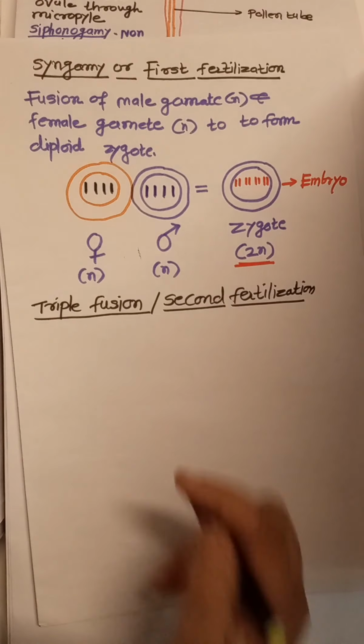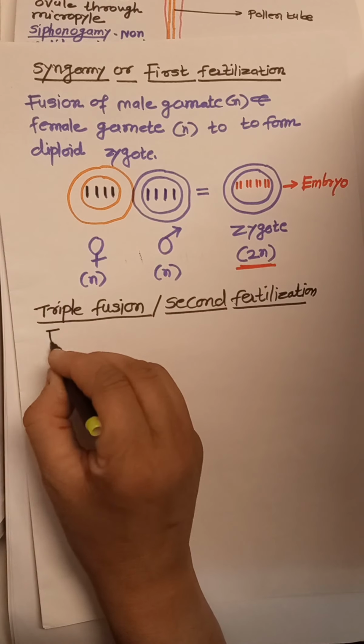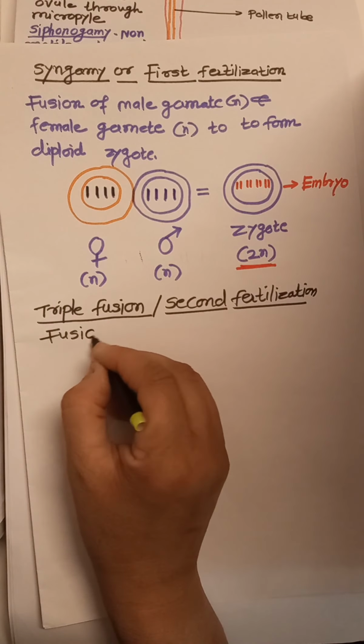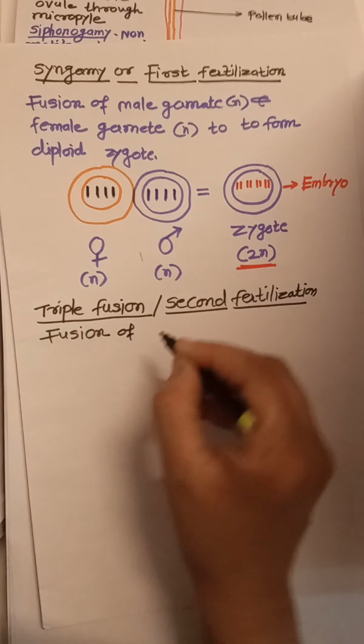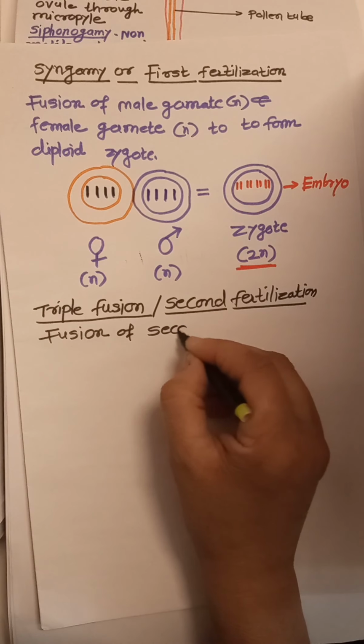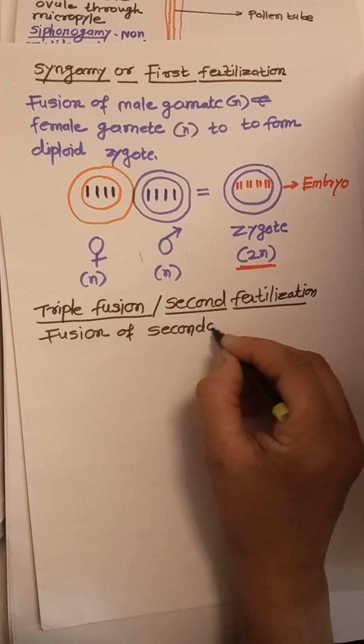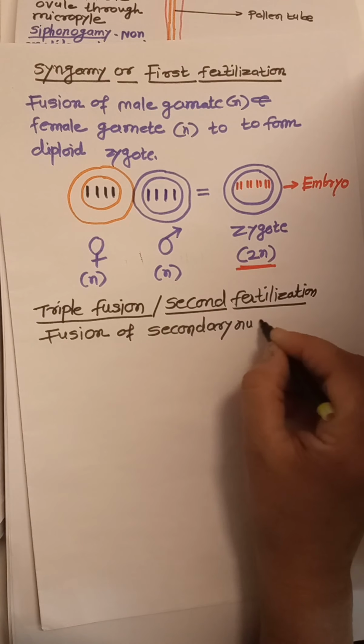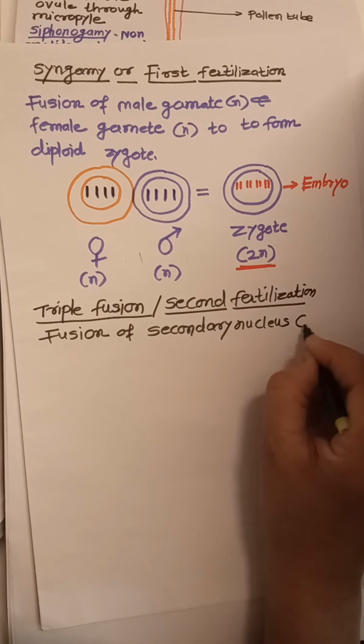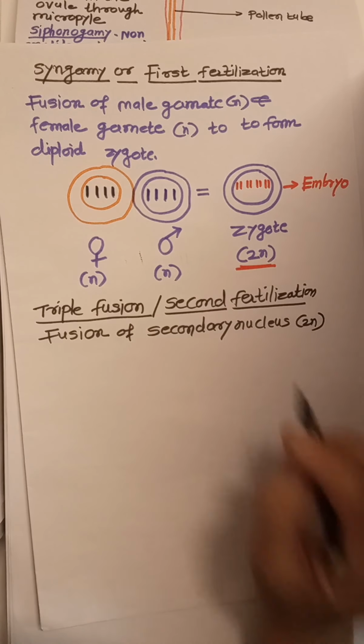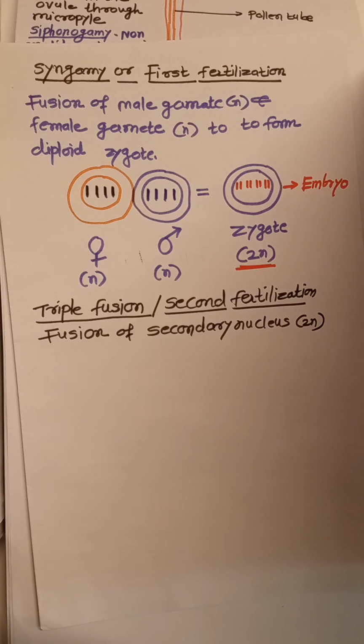The secondary nucleus is diploid because it is formed by fusion of two haploid polar nuclei.